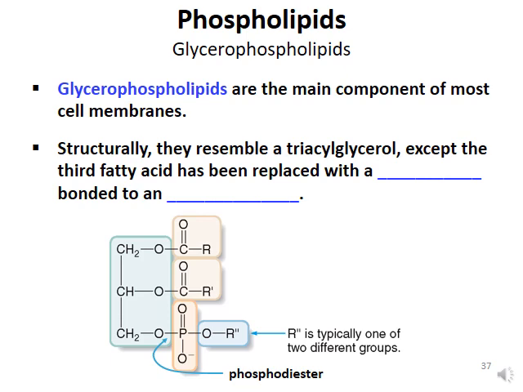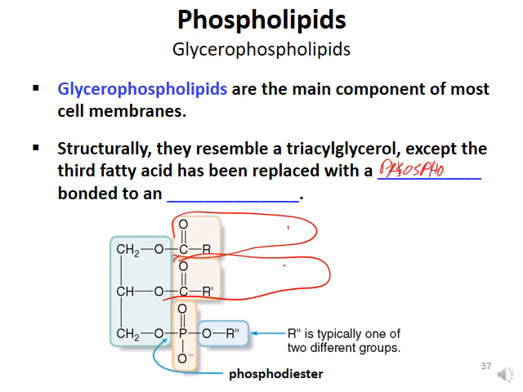Structurally, they resemble a triacylglycerol, just like we just talked about, except instead of having 3 fatty acids, we have 2 fatty acids and a phosphodiester bonded to an alcohol.